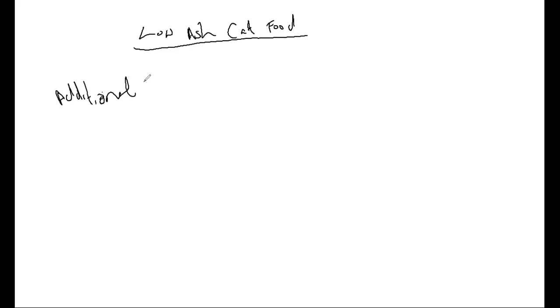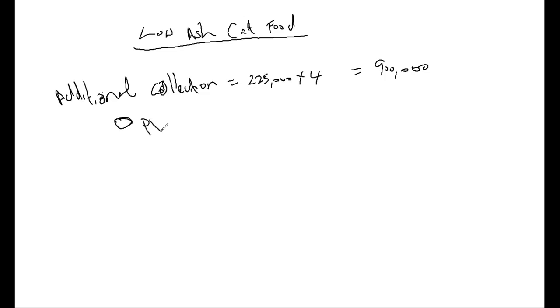So additional collection would equal what? 225, you agree? Yes. Multiplied by 4, and that gives us how much? 900,000. Yes. 900,000, right?